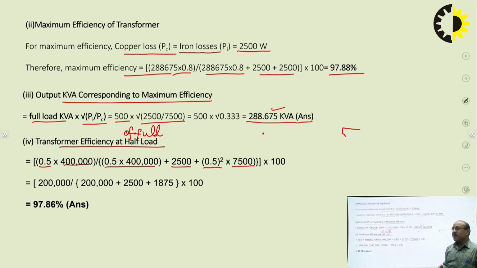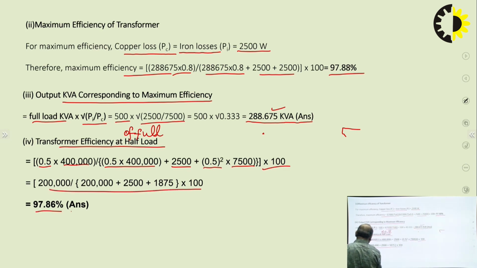So when load current becomes half due to half load, copper losses becomes square of 0.5, proportional to square of 0.5 or proportional to square of 1 by 2. So on calculation, we get the efficiency value as 97.86% at half of full load for this transformer given to us as per the data.